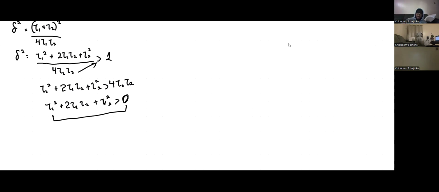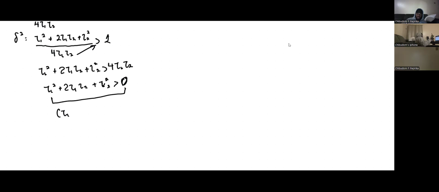Then just solving for each one shows that as it's approaching zero, it is always going to be greater than that. So the general thing is like t1 plus t2 squared is going to be greater than zero.